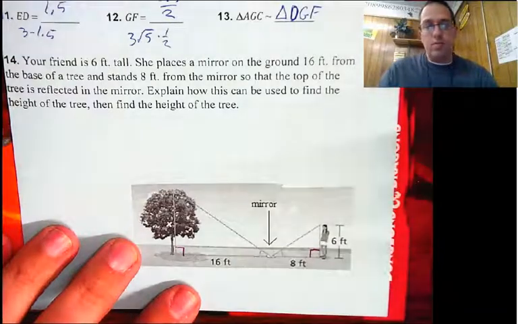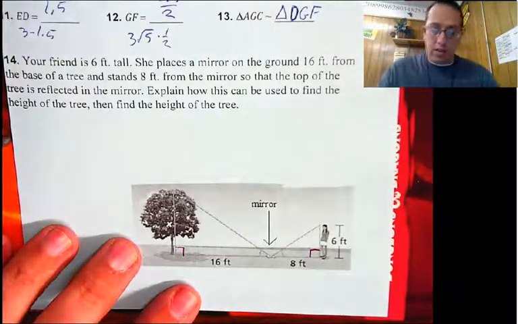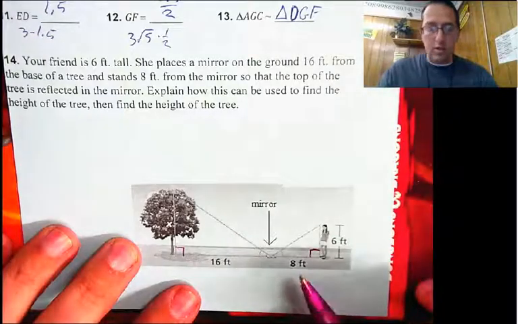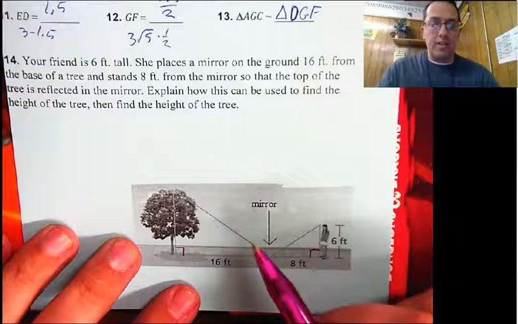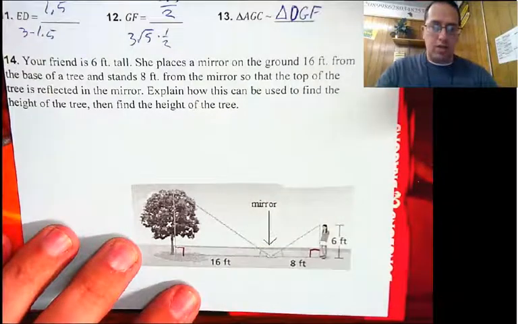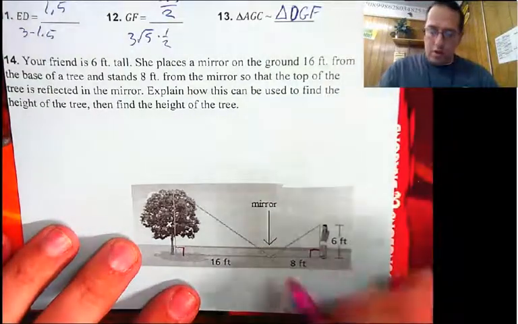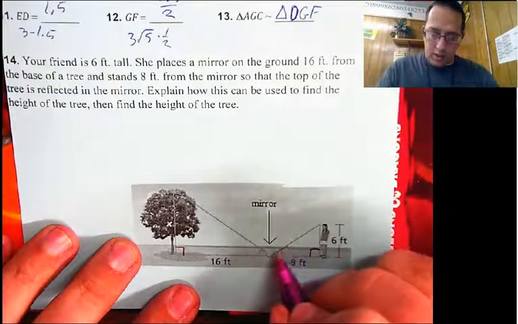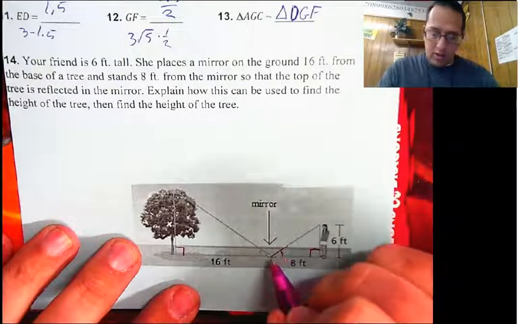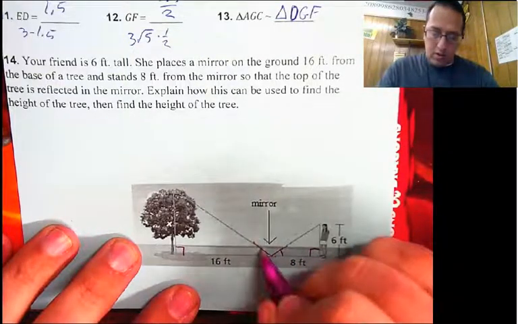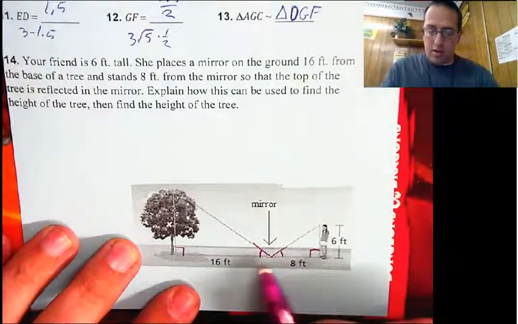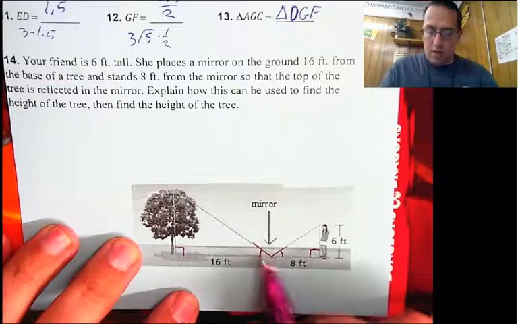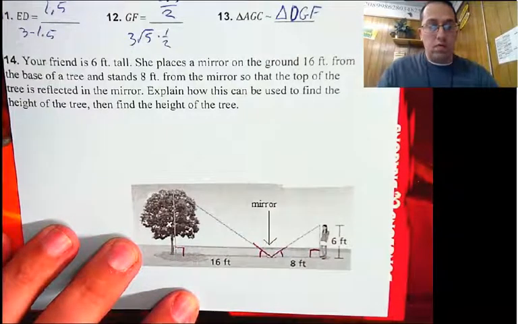And if you'll remember from a physics class or a science class, sometime you've had some science class that talked about light bounces off of things, reflects at the same angle that it hits the surface. Right? So that means whatever angle this hits the surface is going to be congruent to this angle here. All right? So now we have the right angle, and we have these two angles that are going to be congruent to each other. All right?